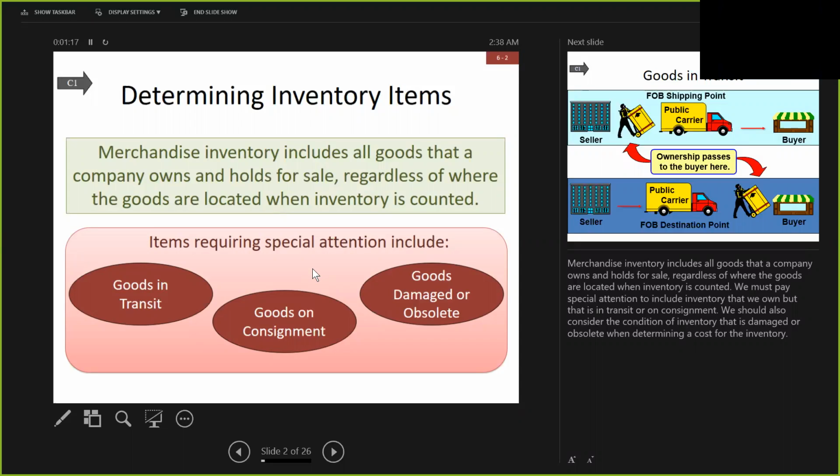Obsolete can be something, a good example of obsolete is if we find that we have a pair of shoes and the next box we open, we only have one shoe, not a pair of shoes. Somehow the other shoe disappeared. We're never easily going to sell one shoe. So that would be something that's obsolete.